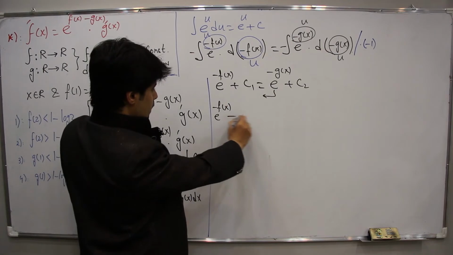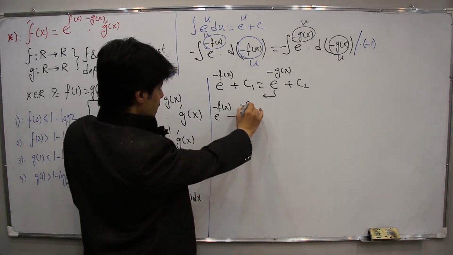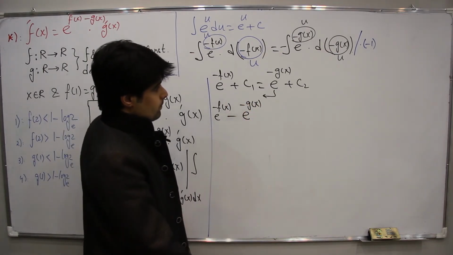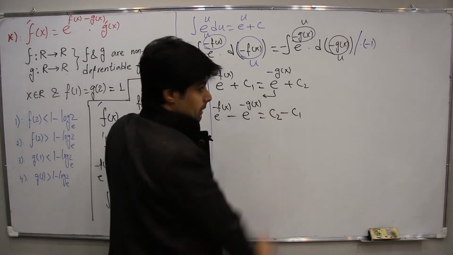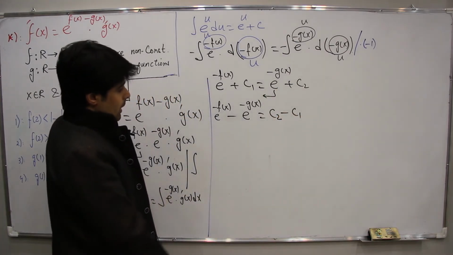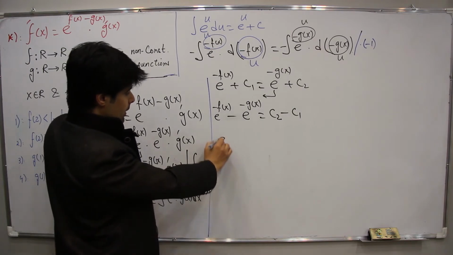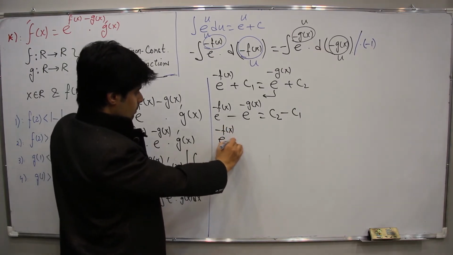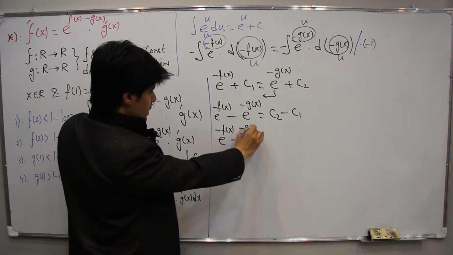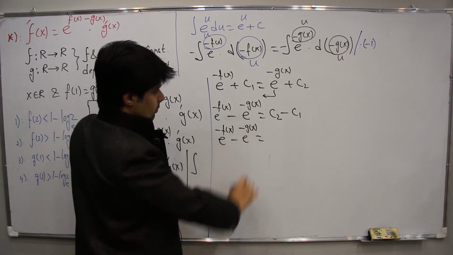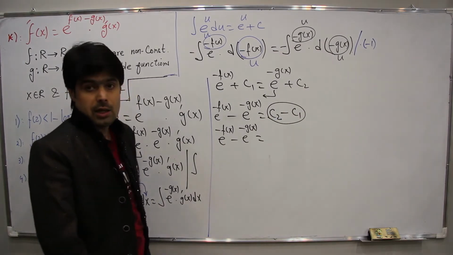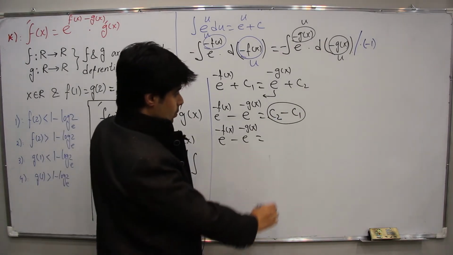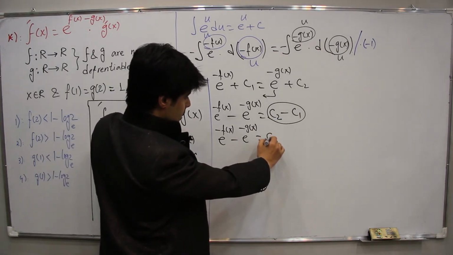It becomes minus e to the power minus g(x), and we have c2 minus c1. Now, e to the power minus f(x) minus e to the power minus g(x) is equal. What is the subtraction between two constants? It's again a constant. We can say c.